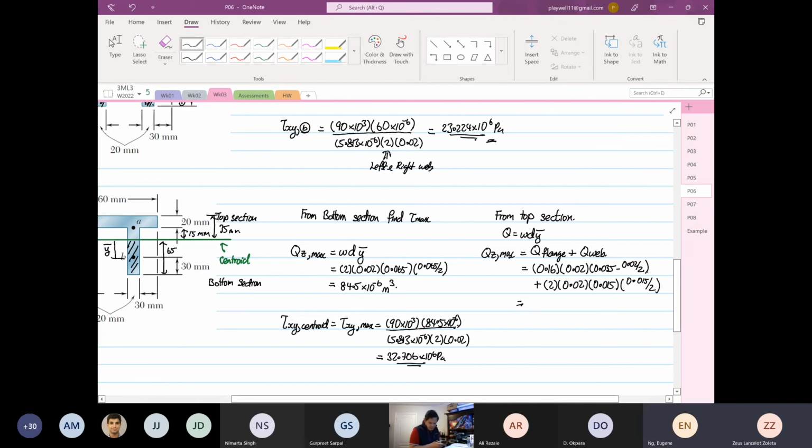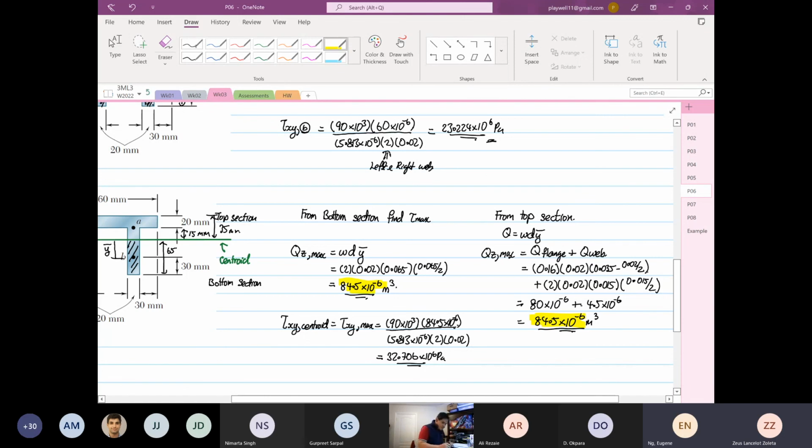So this is equal to 0.035 minus 0.02 divided by 2, times 0.02 times 0.16, which is 80 times 10 to the power minus 6, plus 0.015 divided by 2 times 0.015 times 0.02 times 2, which is 4.5 times 10 to the power minus 6. So this is equal to 84.5 times 10 to the power minus 6 meter cube. What you realize is whether you take it from the top or from the bottom at the centroid, the first moment of area is the same.